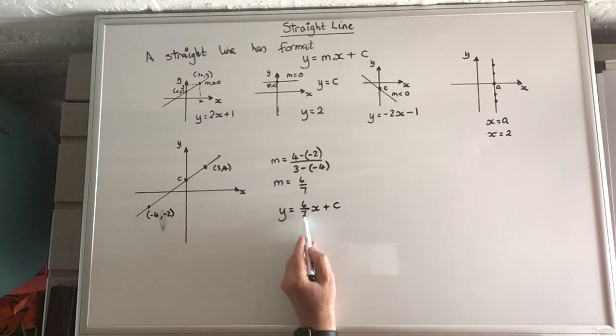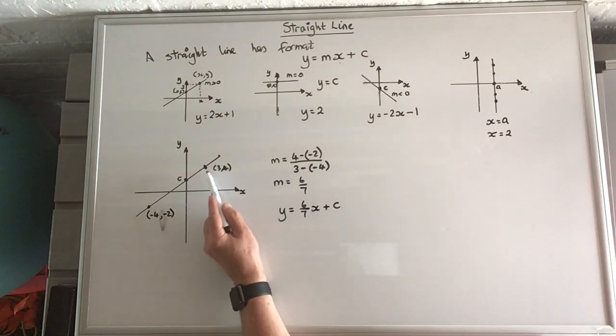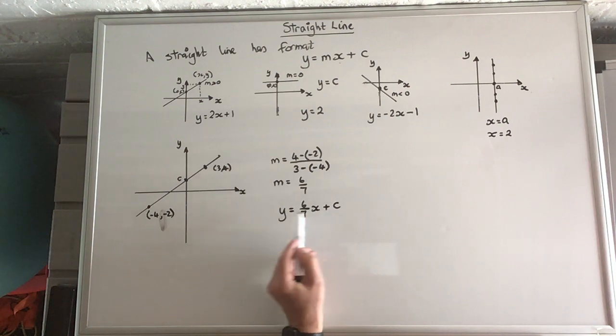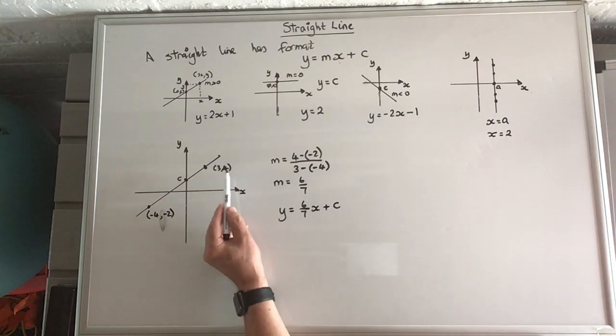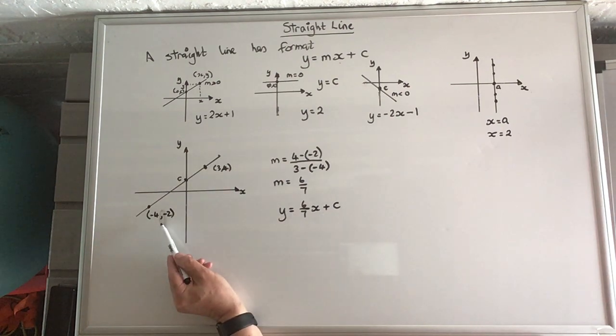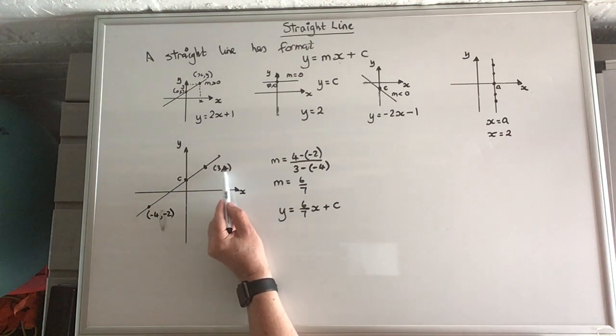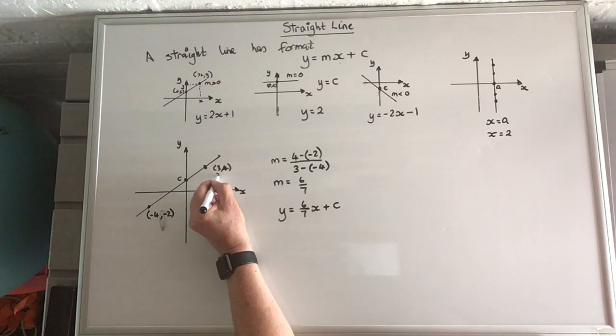We know the gradient. We also know x and y, because any point that lies on the line is x and y. So I'm going to use 3, 4 because that's easier, because there's negatives in the other one, so that just mixes it up a wee bit. So let's do 3, 4. So this is your x coordinate and that's your y coordinate.